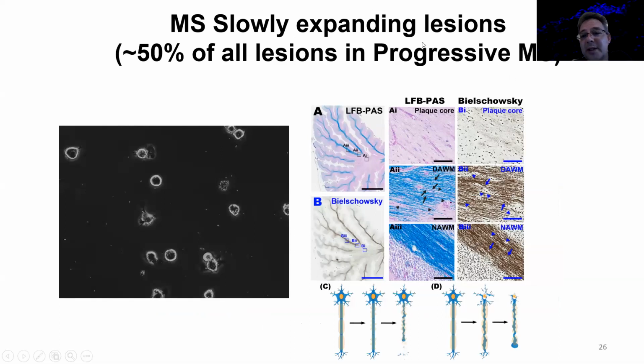But this is because we see a slowly expanding lesion after the first onset of symptoms of MS. And this is because we have innate neuroinflammatory processes affected as the patient lives with MS for many, many years. What that means is that these activated macrophages and microglia are actively continuing to strip away myelin and also cause axonal damage.